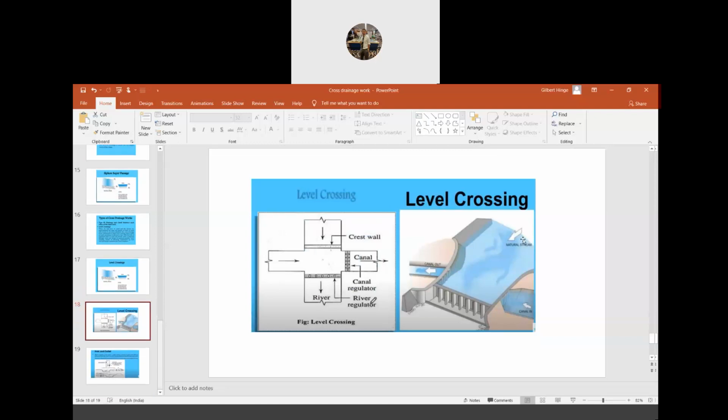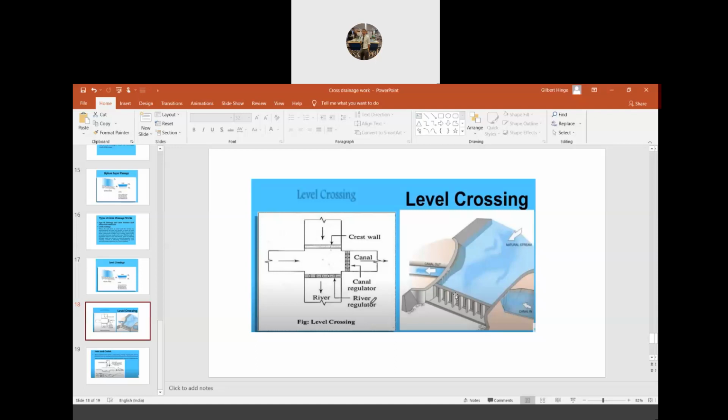Here it becomes more clear. Here is the river and here is a canal, and here we have a regulator whereby we control how much water is coming from the canal, and again here we have a regulator for how much water is allowed to go out. All of these are at the same level; both the canal as well as the river are at the same bed level.